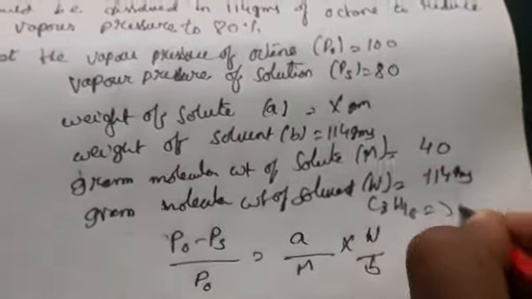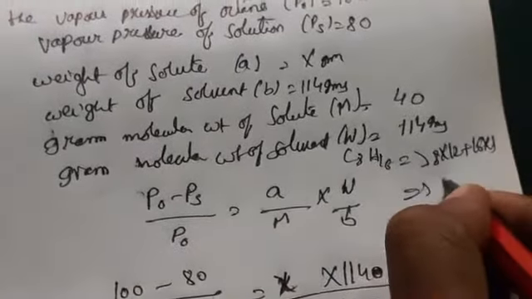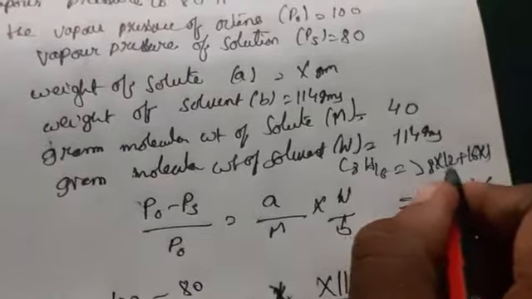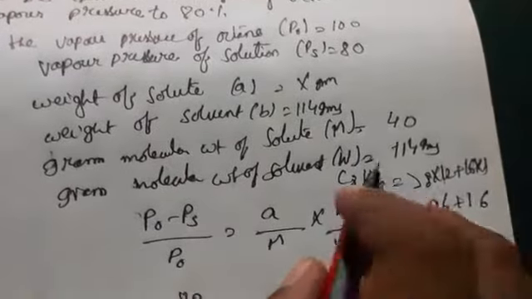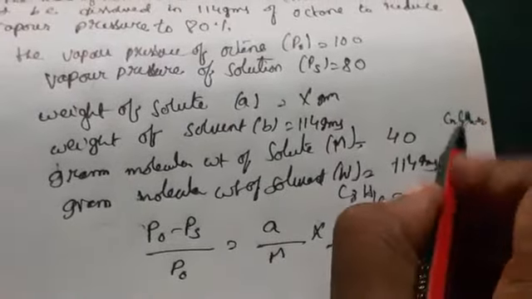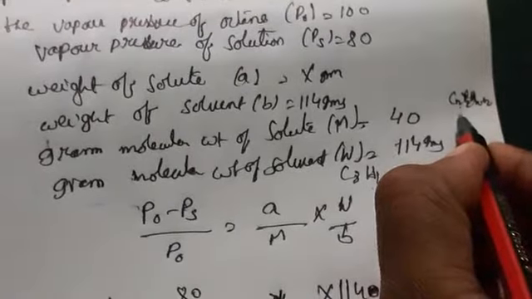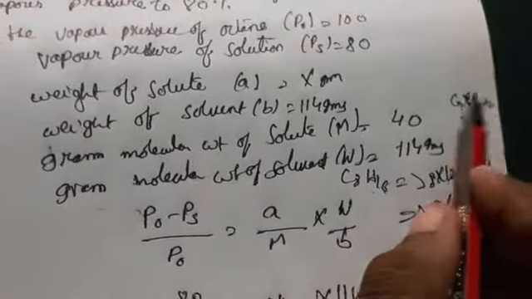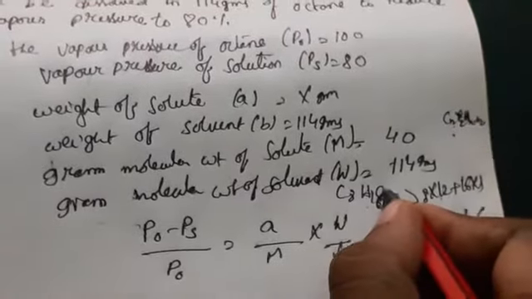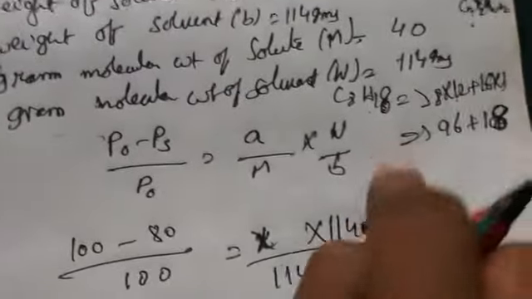C8H18. How will you calculate? 8 into 12 plus 18 into 1. So 12 eights are 96 plus 18. Octane is CnH2n plus 2, so it is C8H18.